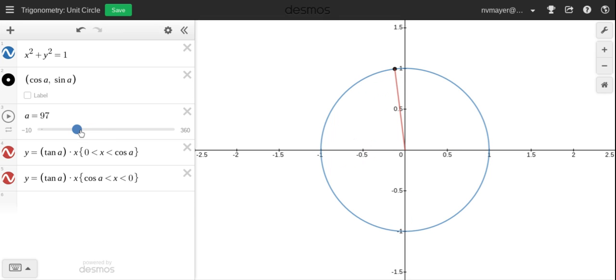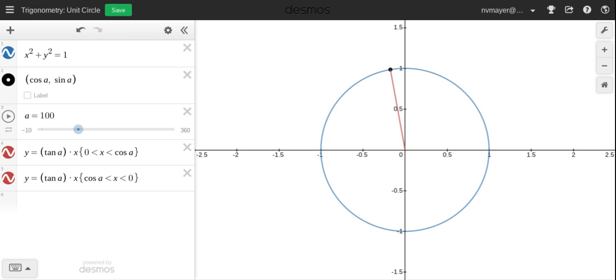The principal angle is right now the one which has its terminal arm in the second quadrant, the red one, and the initial arm is fixed in the positive direction of the x-axis. The initial arm is always fixed, it never moves. The related acute angle is the one which shows the distance from the terminal arm of the principal angle until the x-axis.